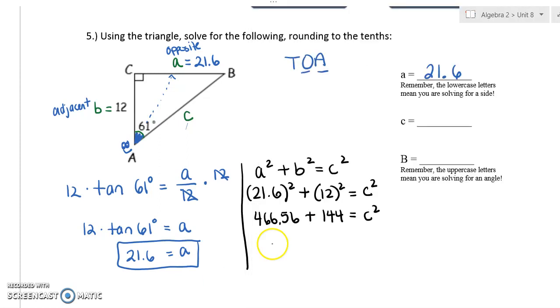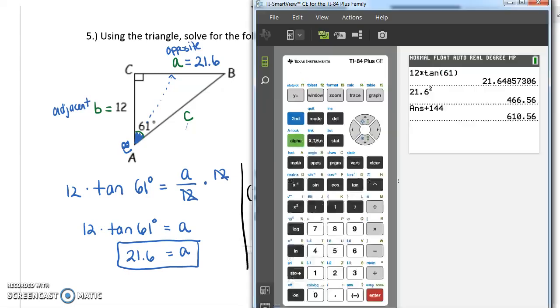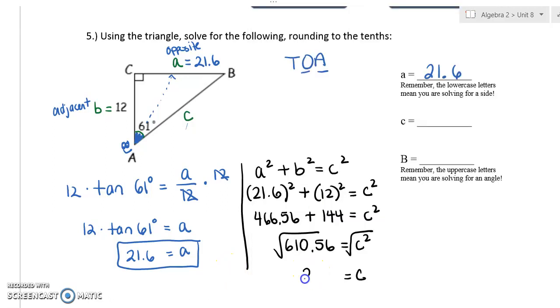We have 610.56. And last step is to square root and see what we get for our answer. Okay, so what is our answer? Square root of this answer that we had before is 24.7. So our answer is 24.7.